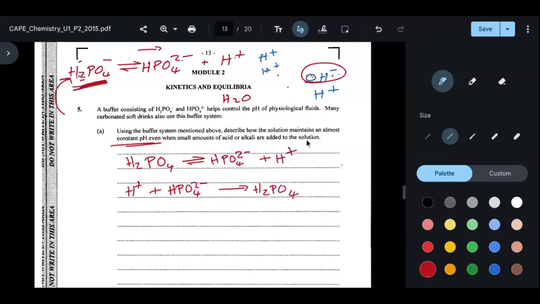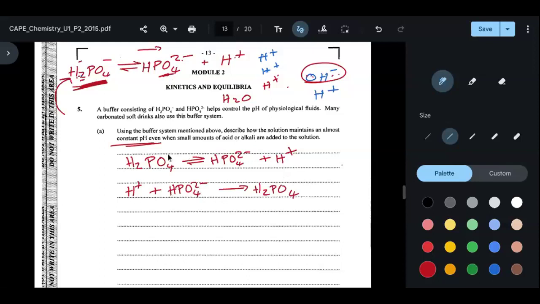Remember, buffer must resist change in pH. If you add excess acid to the buffer, it is going to get more acidic, so the pH is going to drop. So to prevent that, the buffer must get rid of the excess hydrogen ion. So because a lot of these ions are there, it will combine with the hydrogen ion.